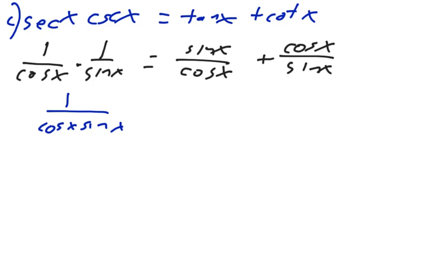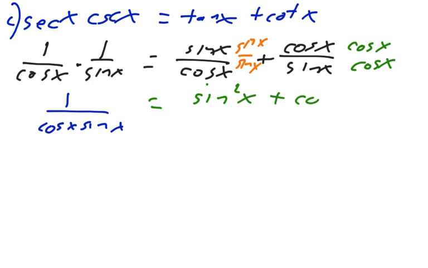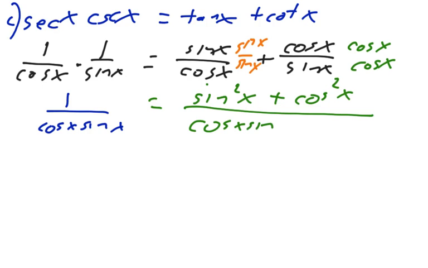On the right side, we need to get a common denominator. So the first one is missing a sine, and the second one is missing a cosine. So what I have here is sine squared x plus cosine squared x over cosine x sine x.